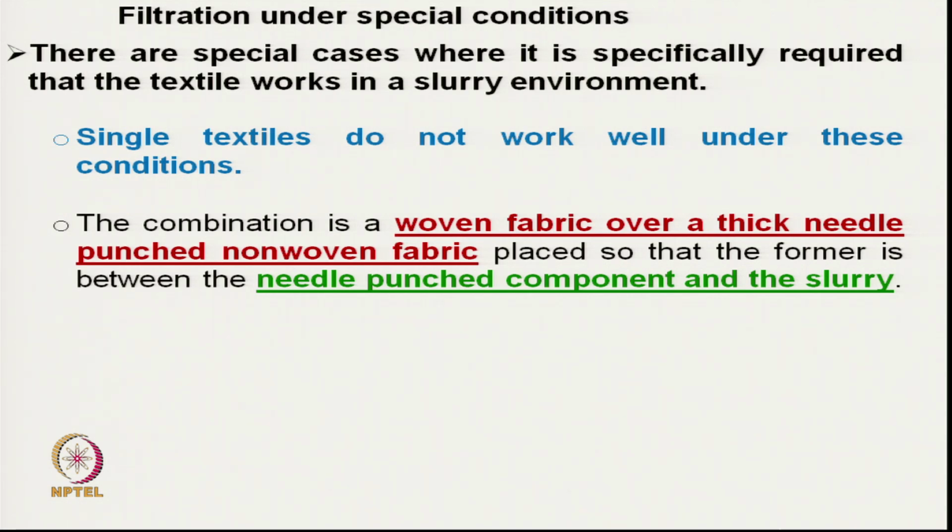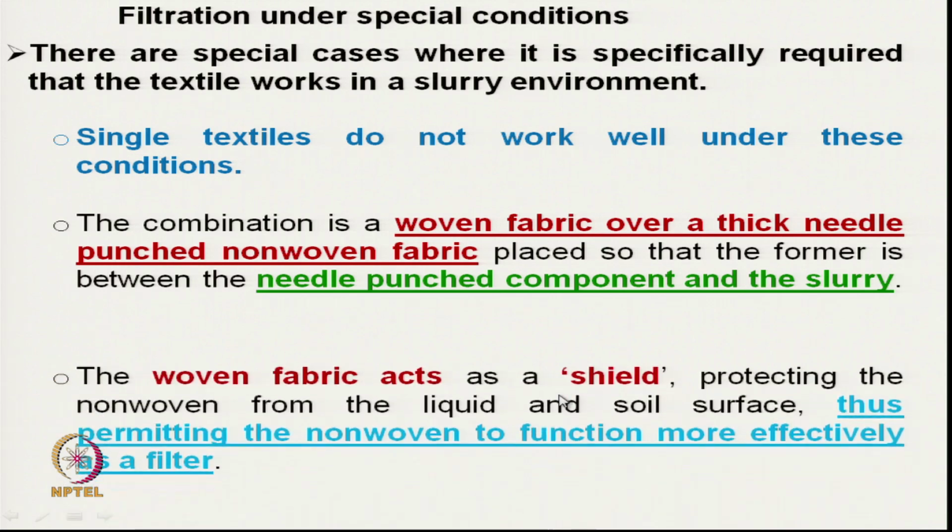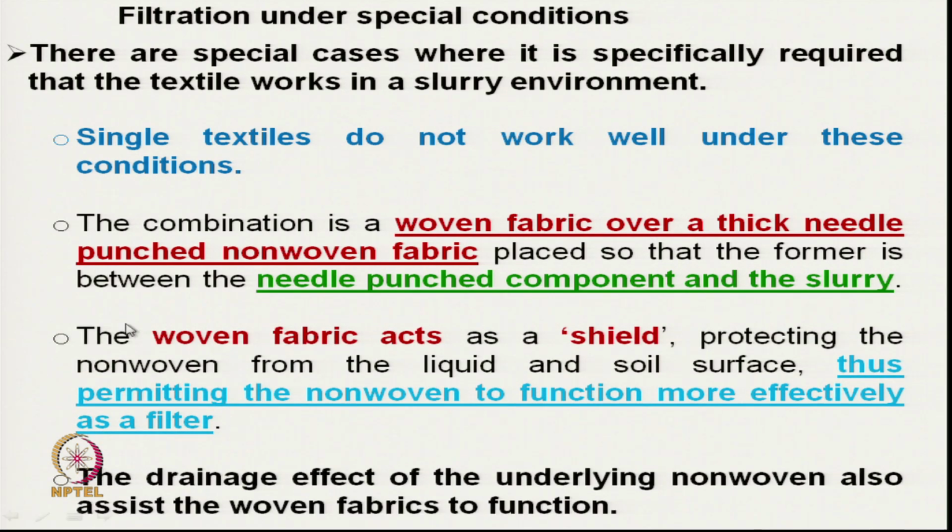So, this woven fabric is placed over the needle punched component. This woven fabric is acting as a barrier between slurry and the non-woven needle punched fabric. In doing so, the drainage effect of the underlying non-woven is maintained.